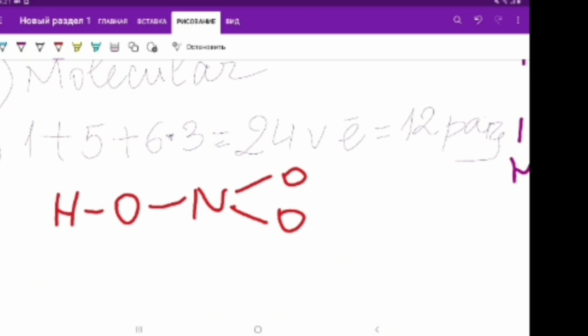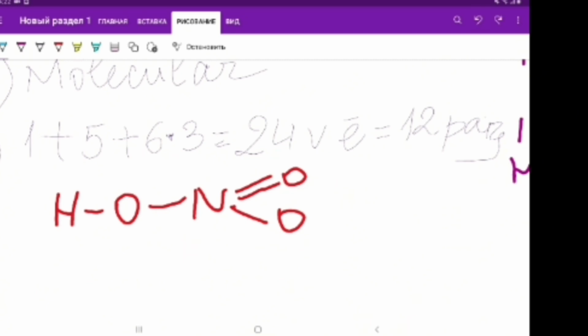Valence of oxygen is 2. Then let's add to one of these oxygens a double line, but we cannot add a double line to both of the oxygens, because in this case nitrogen will have valence 5. It's not possible. So we can add a double bond to one of the oxygens. The first oxygen has 2 pairs around it.